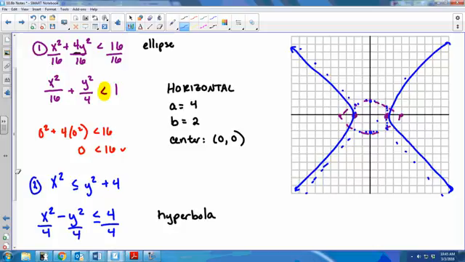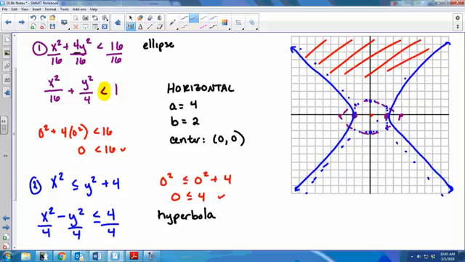So if you're not sure, use a test point. 0, 0, again, is right in the center. So if we use a test point, 0 squared is 0, less than 4. Yes, so I'm shading inside the branches. So technically, if you're showing a hyperbola by itself, you would shade everything inside this hourglass shape. Okay, that's inside the branches.